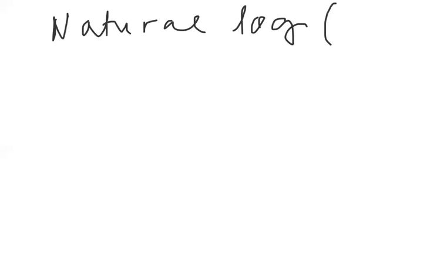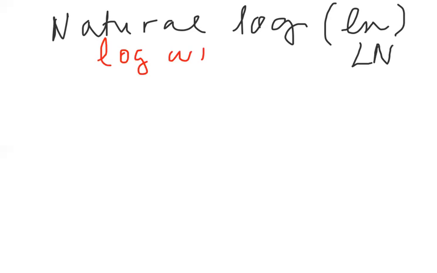This time it is the natural log, guys. When we talk about the natural log, we're looking at ln. In some of your textbooks, as well as on the calculator, sometimes they use capital LN. It doesn't matter, capital or lowercase, okay, guys? So when we talk about the natural log, we're looking at log with base e.